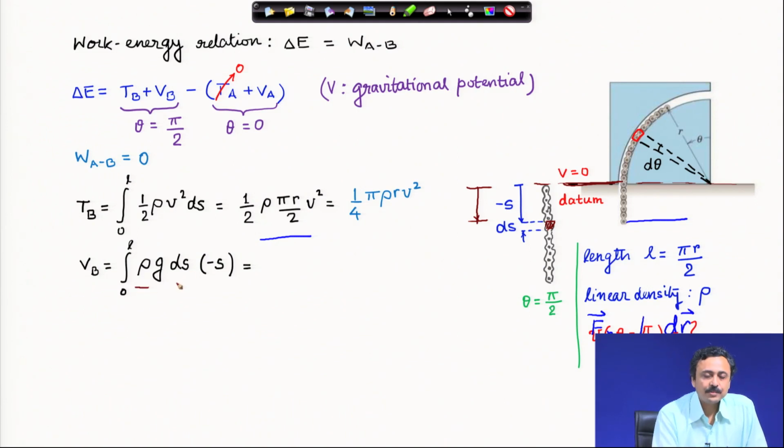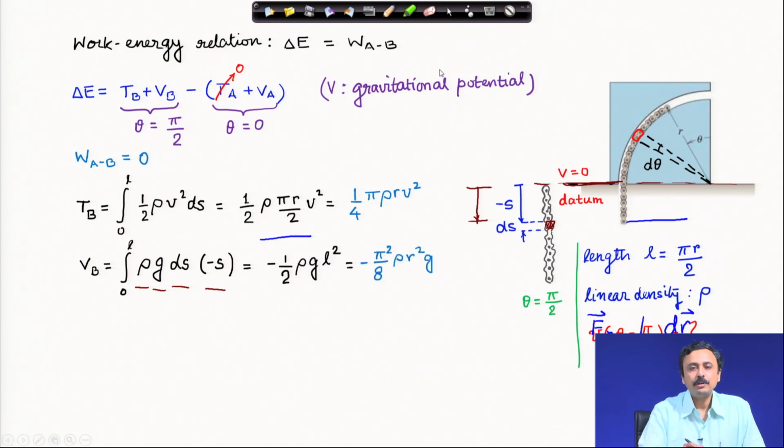So, rho times ds is the mass of that little element, g, and the displacement from the datum, which is minus s. Therefore, the potential energy of this little element is minus rho g s ds, and when you do this integral, straightforward, you will get the potential energy expression.